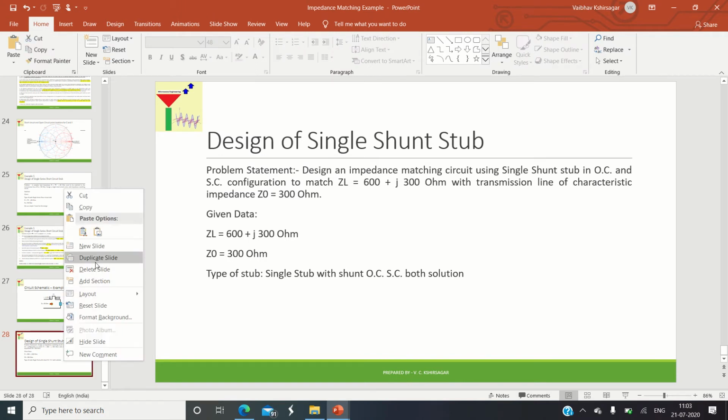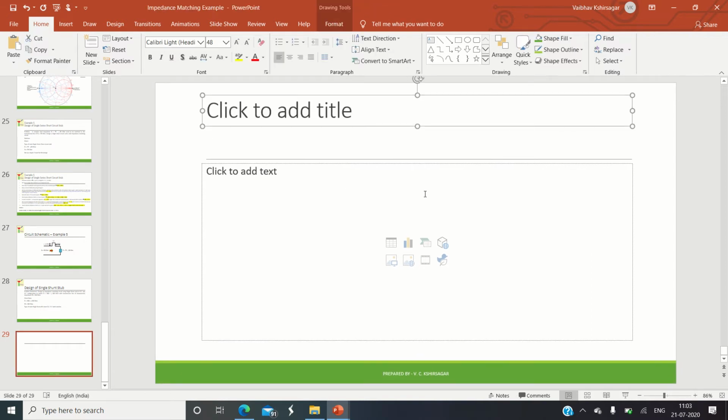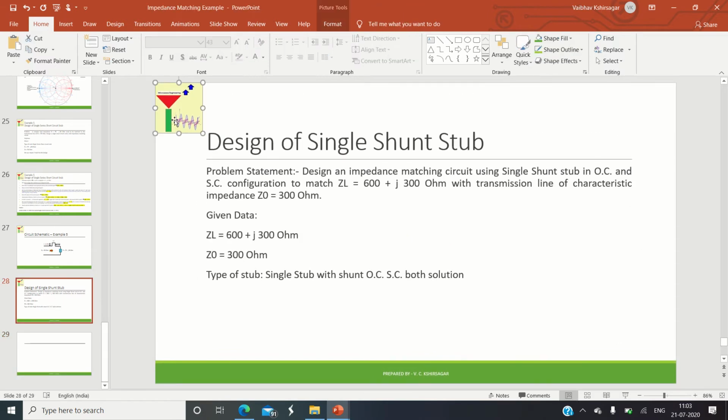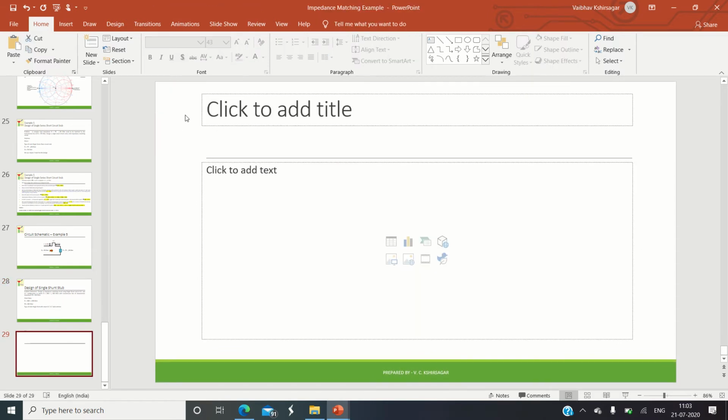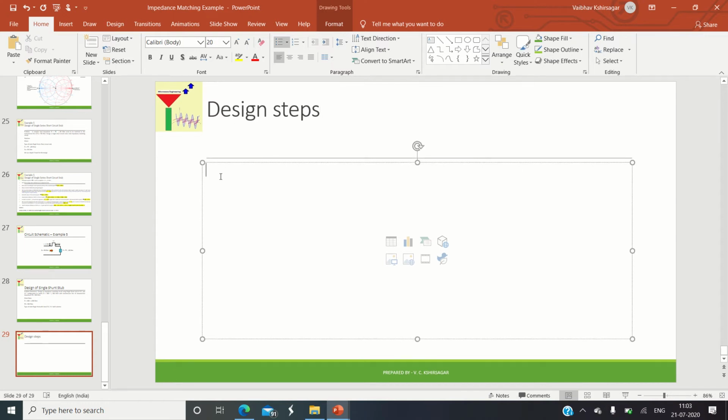Here I will start a new slide for the design procedure, and write the design steps one by one. Step number one is to normalize and plot ZL.